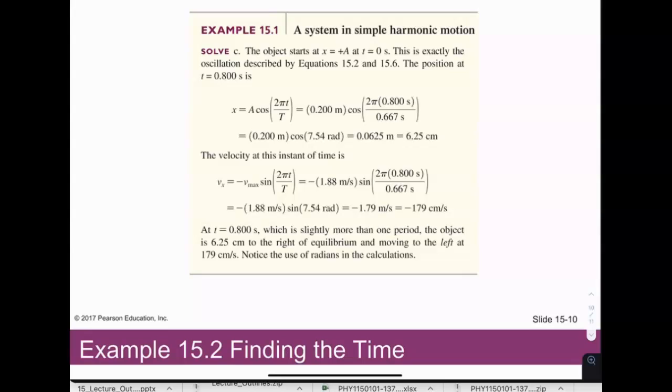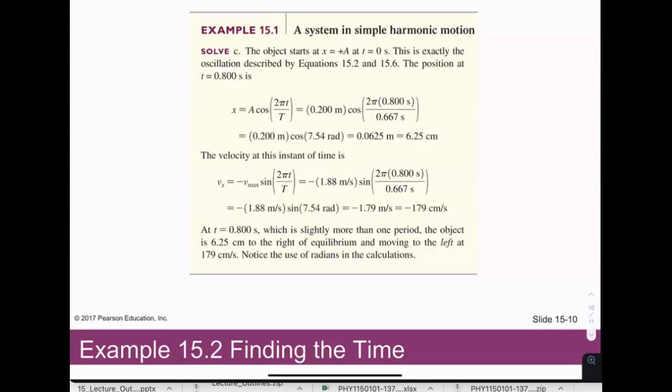The velocity at this instant of time is given by the equation v is equal to minus v max times the sine of 2 pi times the time divided by the period. And putting in the numbers, we find that that velocity is minus 1.79 meters per second, or minus 179 centimeters per second.